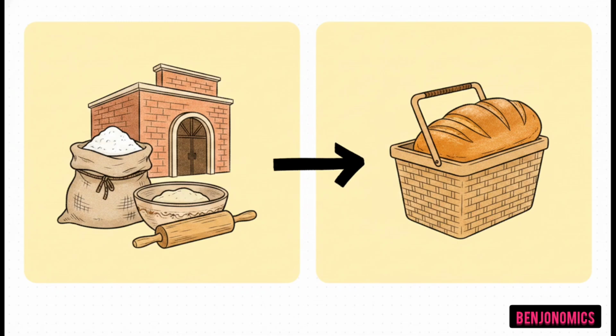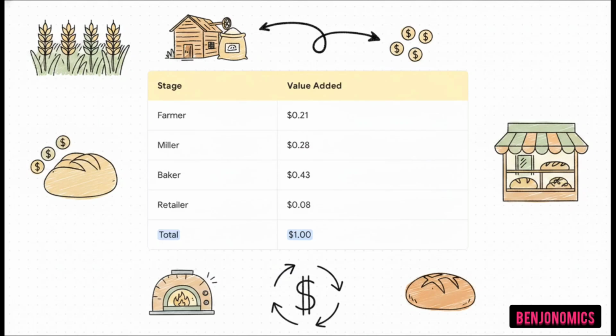Intermediate goods are inputs bought by a firm to be transformed further, like flour bought by a bakery. Final goods, on the other hand, are totally ready for the end consumer, like the actual bread you buy at the store. To accurately measure GDP, we must only count final goods, or simply count the new value added at each step. Let's trace a loaf of bread to see this in action.